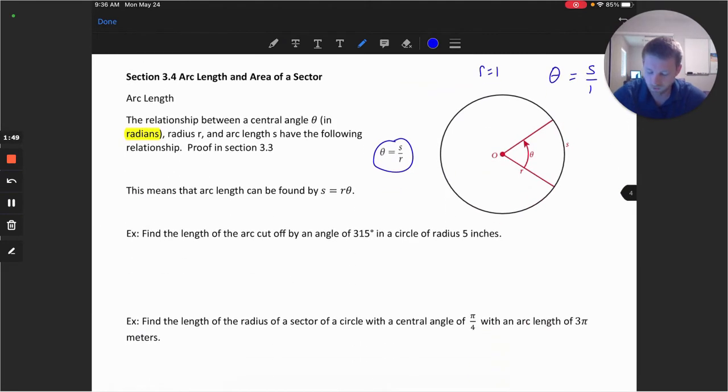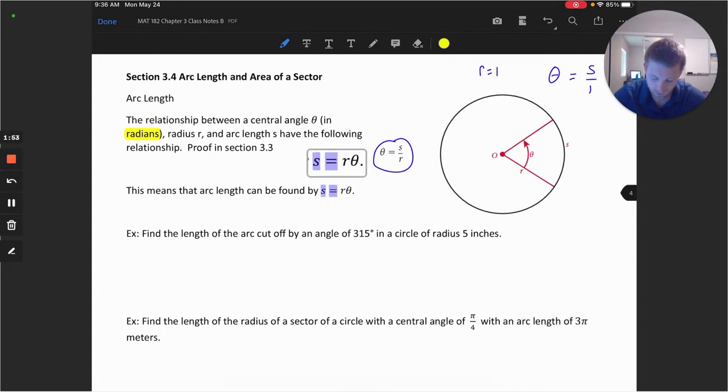Another way we can represent this arc length formula is that the arc length s is equal to the radius length times the theta angle in radians.